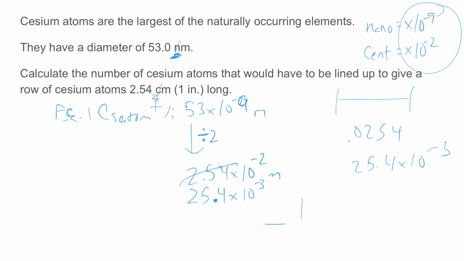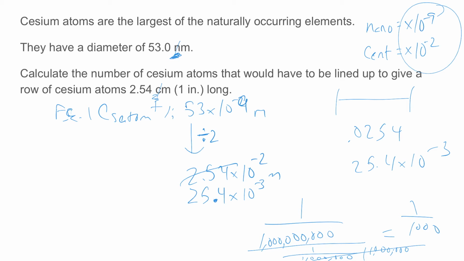So we're starting off with 1 over 1 billion. And then what would we have to divide that by to get 1 over 1,000? Well, we'd have to divide it by 1 over a million, because then you'd have to multiply by a million over a million.